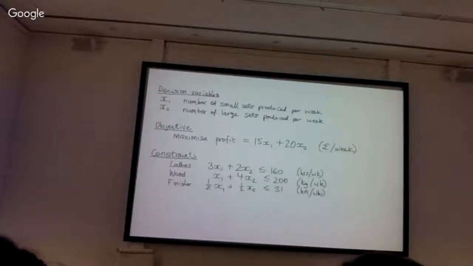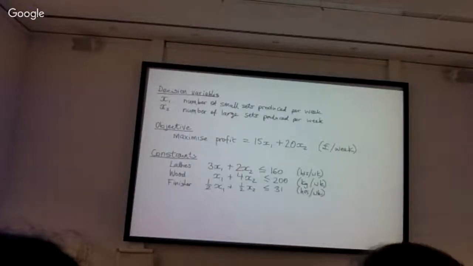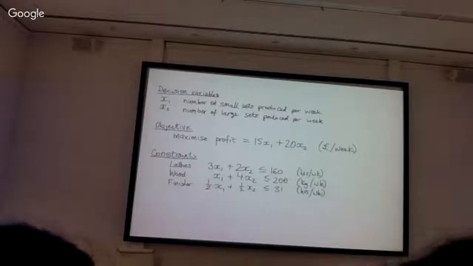Any more constraints? Yes? How do you know? Yes, that's right. So this is an important part in linear programming.